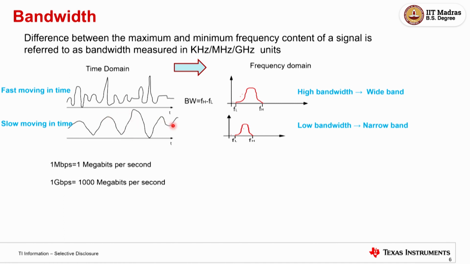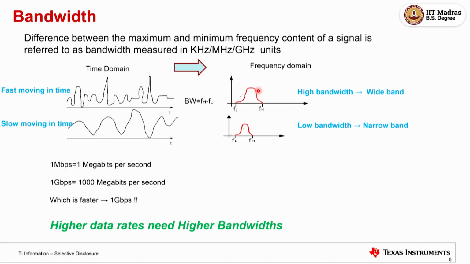The 1 megabit per second will translate to a lower bandwidth, and 1000 megabits per second, or 1 Gbps, will translate to a larger bandwidth. So eventually the bits per second of data rate translates to a higher bandwidth of the signal that you have to occupy, which it needs. That is the summary of this.